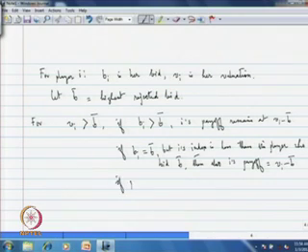If Bi is less than B bar, i's payoff is equal to 0, right.